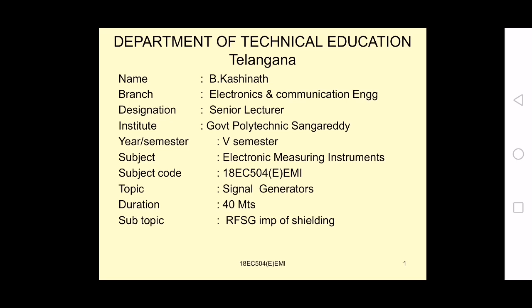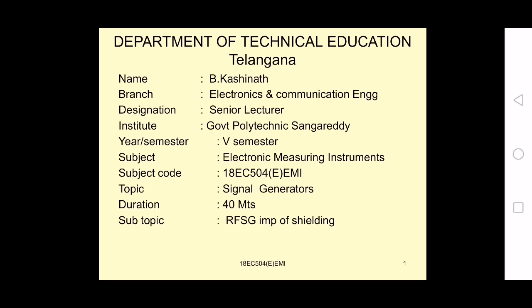That is an instrument which is used to generate the sine wave, square wave, triangular wave and sawtooth wave. And we have discussed about the specifications and applications of the AFO and function generator and front panel controls of the AFO as well. And next we have discussed about the RF signal generator and its specifications and applications.